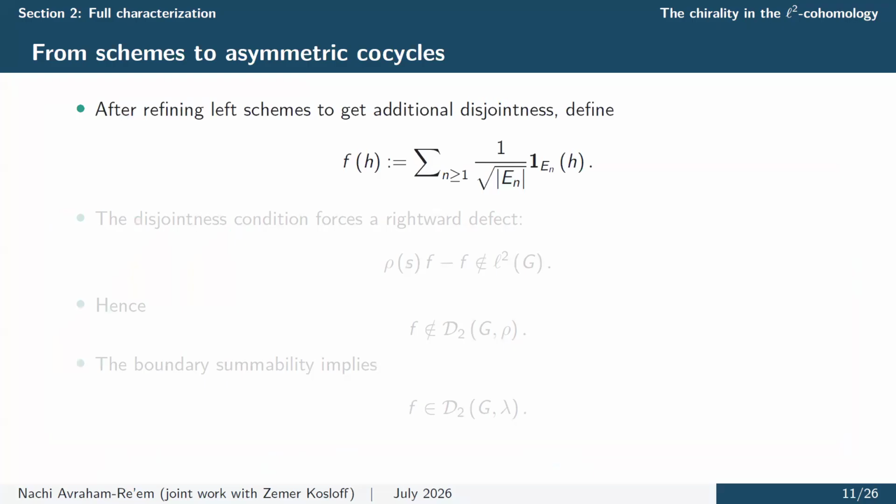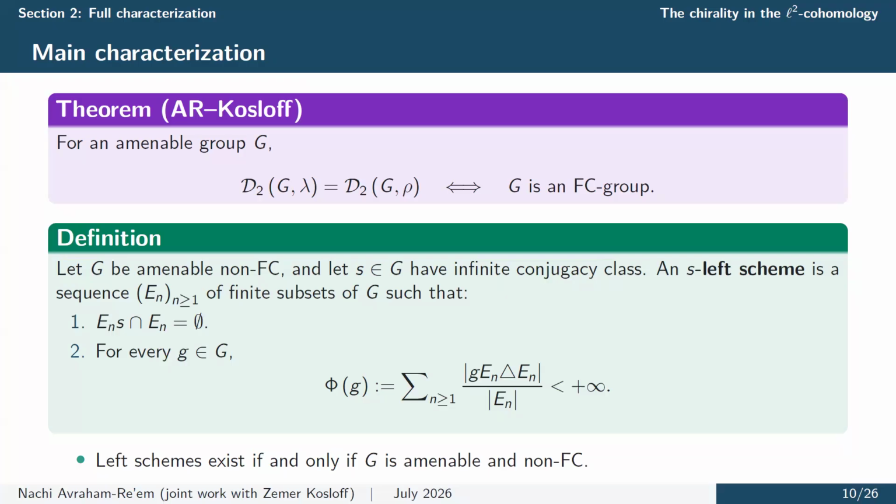Sorry, in Z, if we take the group Z and take En to be minus n to n, then I guess the sum you will get is of 1 over n type, right? Like you take G to be, let's say, plus 1, then the difference in cardinality is 1 in the numerator. So this will be like a sum over 1 upon 2n.